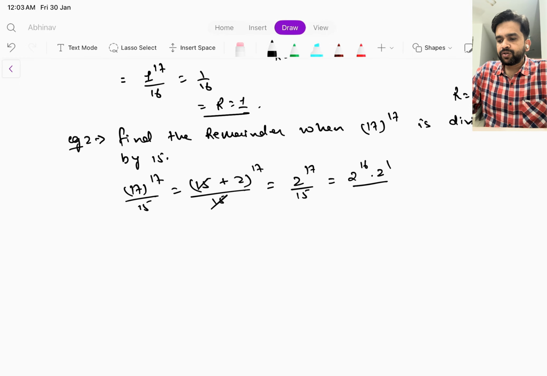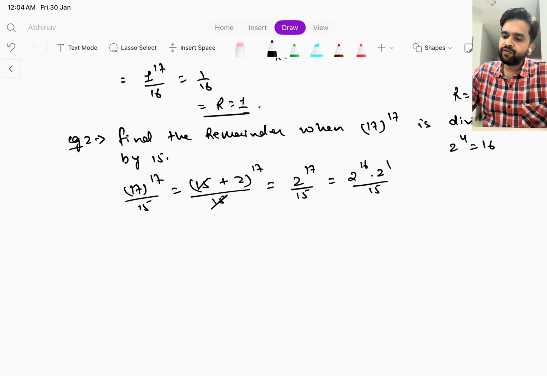Why? Because 2 raised to power 4 is 16, which can again be bifurcated as 15 plus 1. So 2 raised to power 4 is 16, and I had 17 power, but I have to make a group of 4 out of it. So all the 17 powers won't be utilized, so I'll break it into the power of 16 and 1.